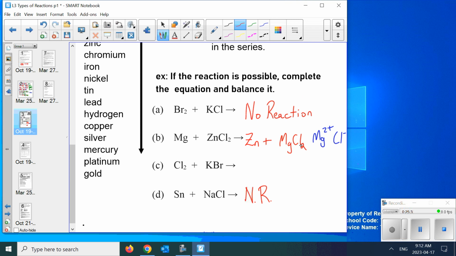It's all 1. So you don't even have to write 1. If you want to write 1, 1, 1, 1, go ahead. 1 zinc, 1 zinc. 1 magnesium, 1 magnesium. 2 chlorines, 2 chlorines. The blue is scratch work. It's not actually part of the problem.